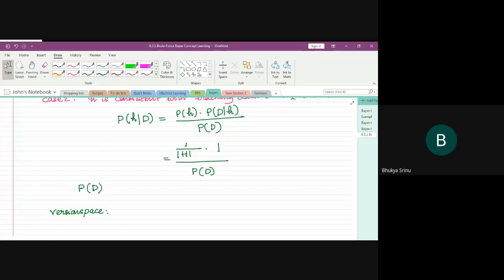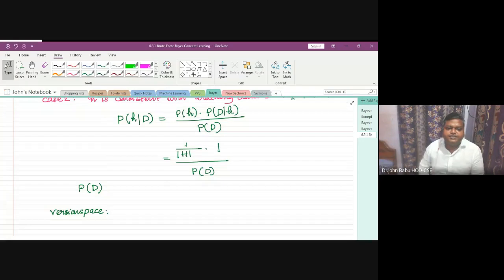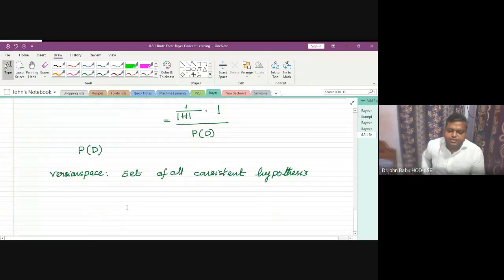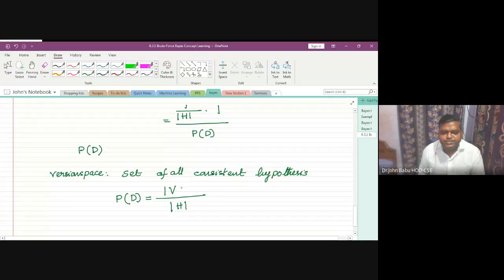The set of all consistent hypotheses. So the probability of data is given by, again the denominator is the same, the magnitude of H, by the set of all consistent hypotheses, that is the magnitude of version space of H and D.